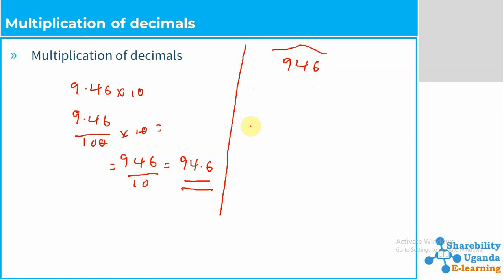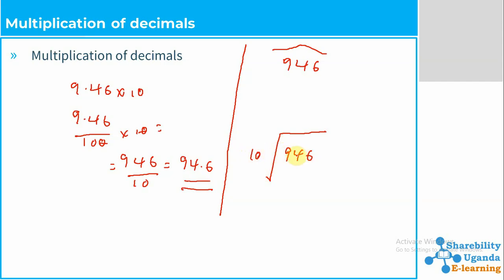Okay, let me do this. Okay, let's try it here. This is trying to confuse me. I'll have a 9 in 946 divided by 10. 9 divided by 10 is impossible. We get what?